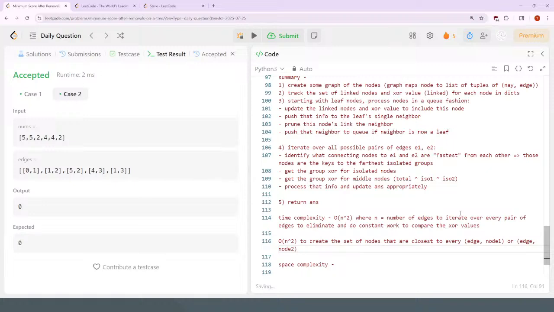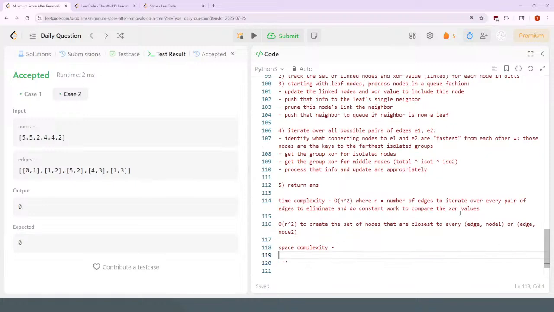Yeah, it's not particularly efficient currently. So basically this is going to be O of n squared, I think, to create, again, the set of nodes closest to one of the edge nodes for any edge in the graph.